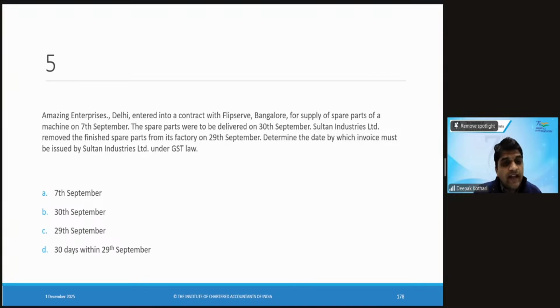It is 29th September, not B. It is 29th September because date of removal is what is relevant and not when it got delivered. Once I remove it, I have to raise an invoice.